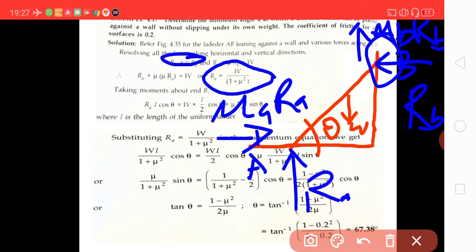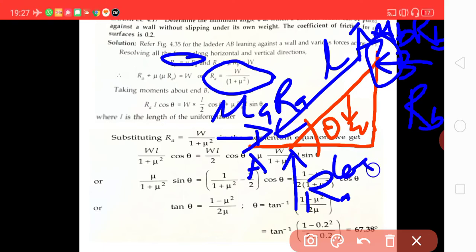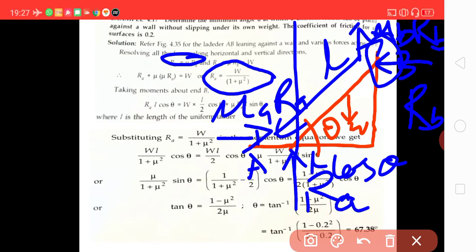RA into L cos theta. The length of the ladder is L, then this is L cos theta. When we are taking the moment about this point, this is the line of action of RA, then this will be the arm for the moment.